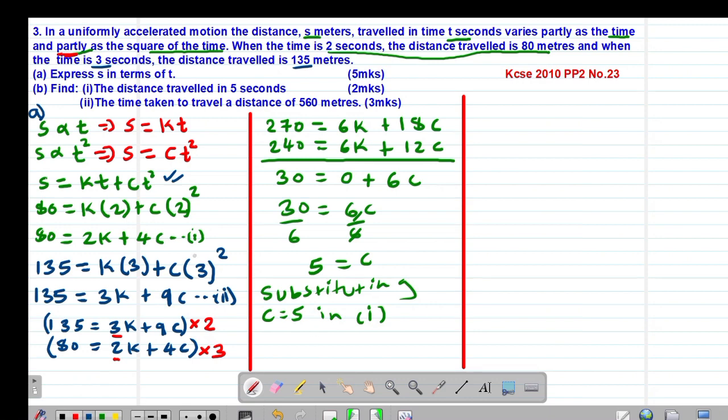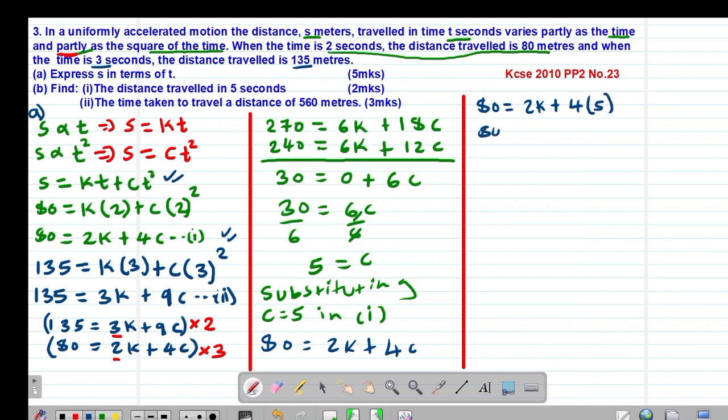Remember my equation Roman 1 was this equation here. It was 80 is equal to 2k, then of course plus 4c. So if I substitute c being equal to 5, I'm going to get 80 being equal to 2k plus 4 into the value of c, which I've gotten to be 5.